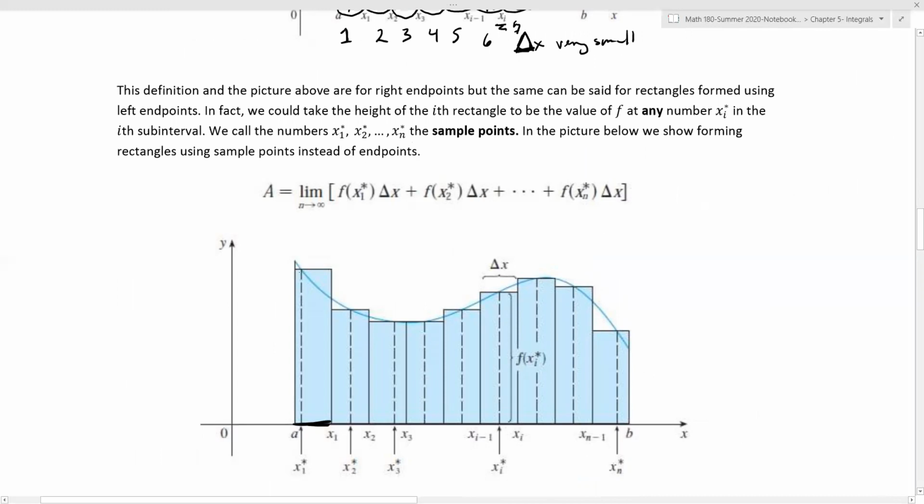So x1 now, or x2, is chosen here as a different point within that interval. x3 is another point within that interval. And what you'll notice is that x1 star is not at the same point as x1. x2 star, and those are actually our sample points, pardon me, I misspoke.